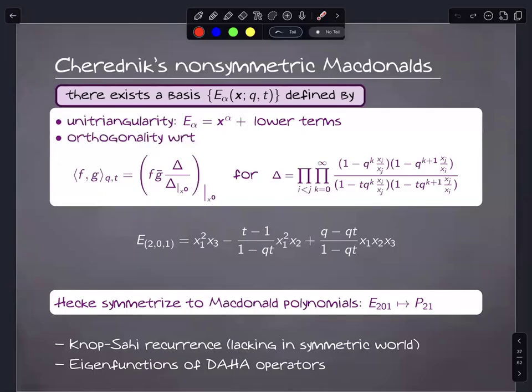So they were able to prove nice, beautiful identities about non-symmetric Macdonalds and then Hecke symmetrize to get results about symmetric Macdonalds.